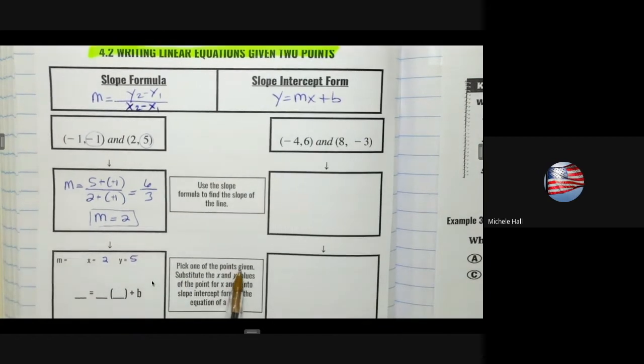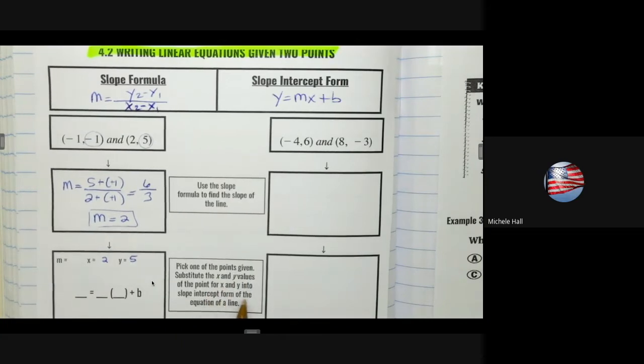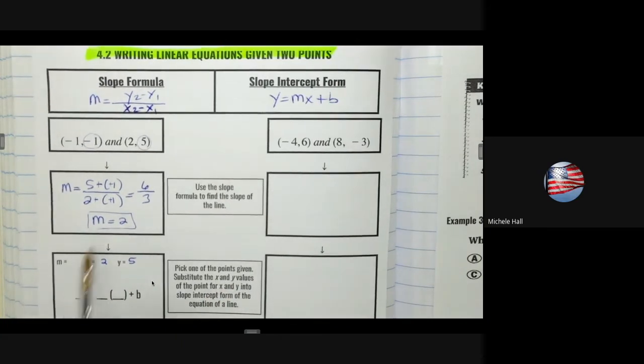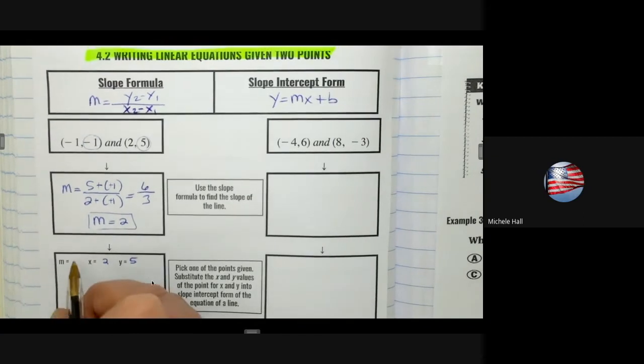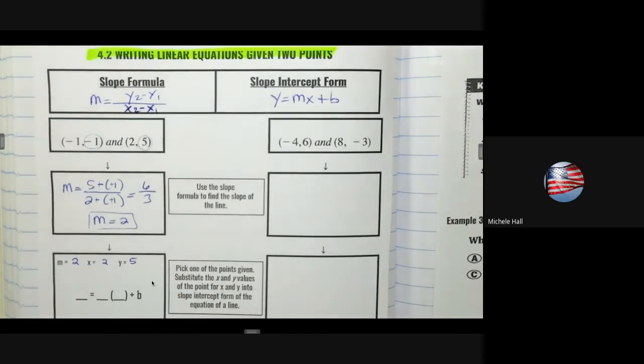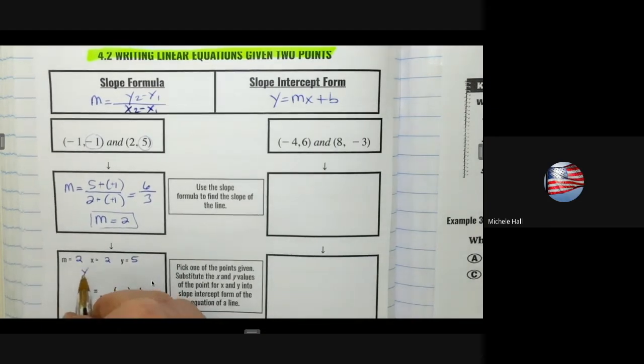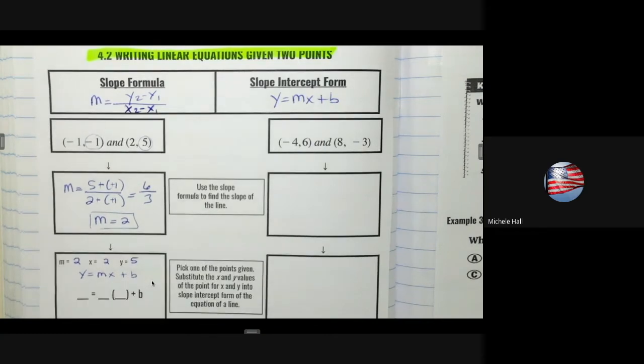Pick one of the points given, substitute the x and y values of the point for x and y into the slope-intercept form of an equation. Here's m, the slope that we just found. We want to substitute in m, x, and y. Here's the equation. Y equals mx plus b.